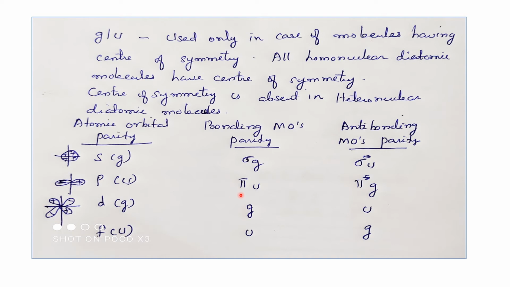Bonding molecular orbital is also gerade, and anti-bonding molecular orbital is ungerade. That is, anti-bonding molecular orbital is always opposite to bonding molecular orbital. The f orbitals are also ungerade like the p orbital. Bonding molecular orbital is ungerade and anti-bonding molecular orbital is gerade.